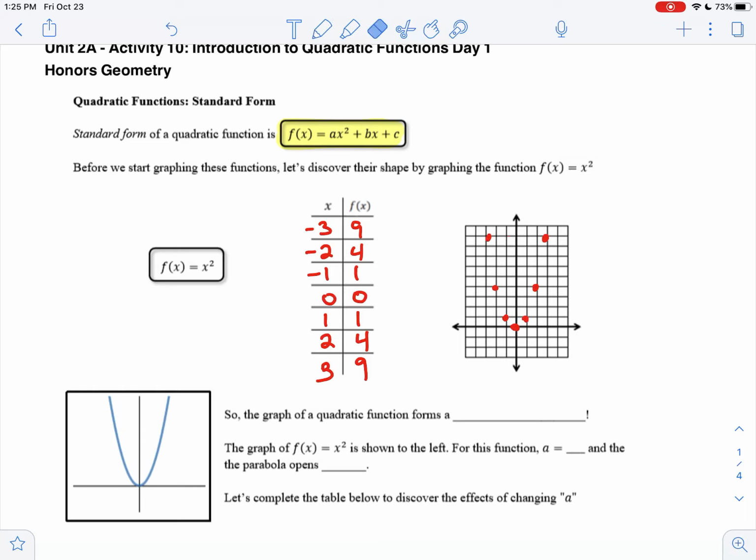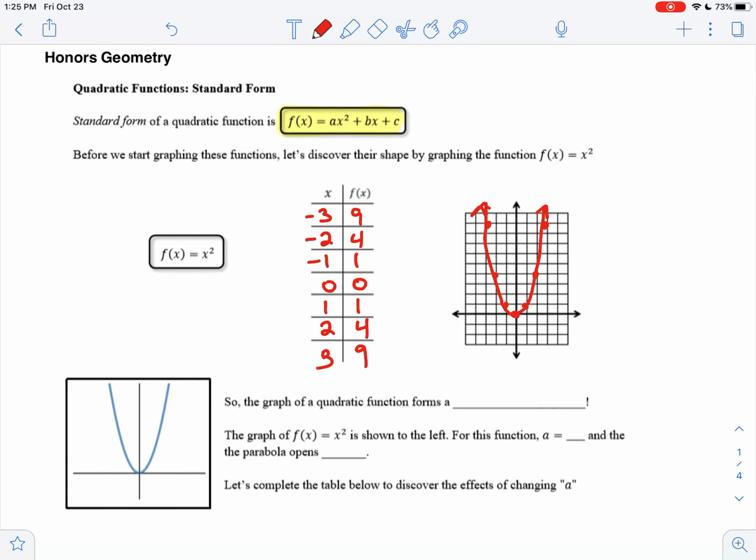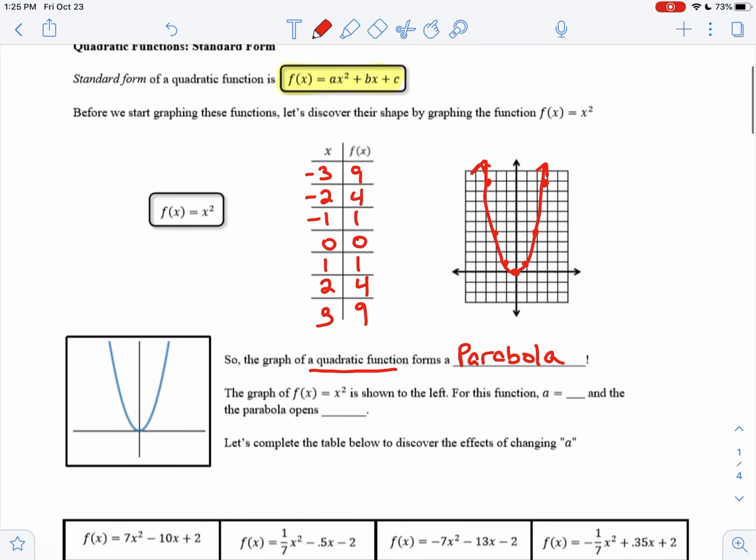And finally 3, 9, and -3, 9 as well. And this is the graph of the function f of x, or y equals x squared. The graph of a quadratic function forms a parabola.